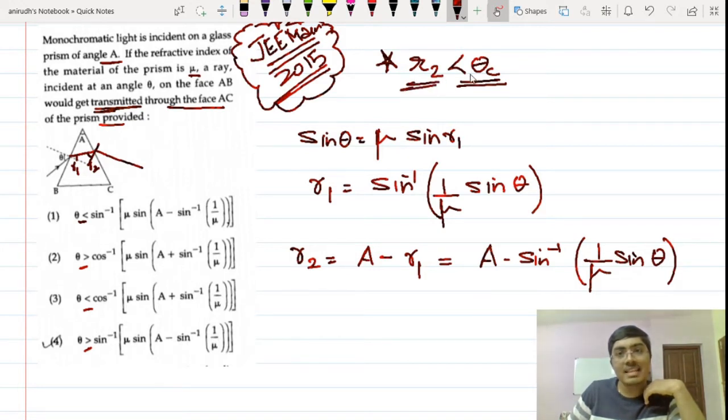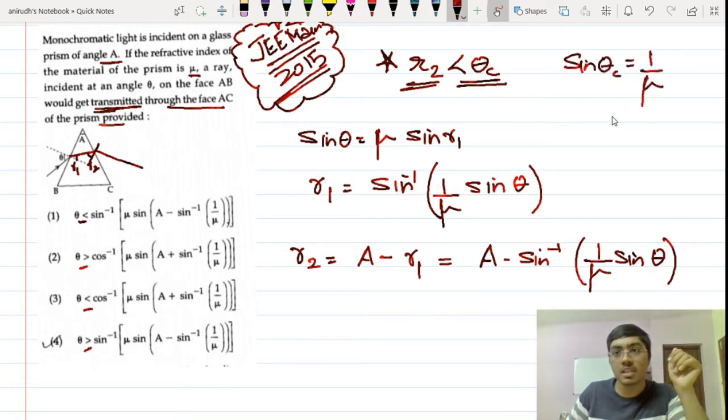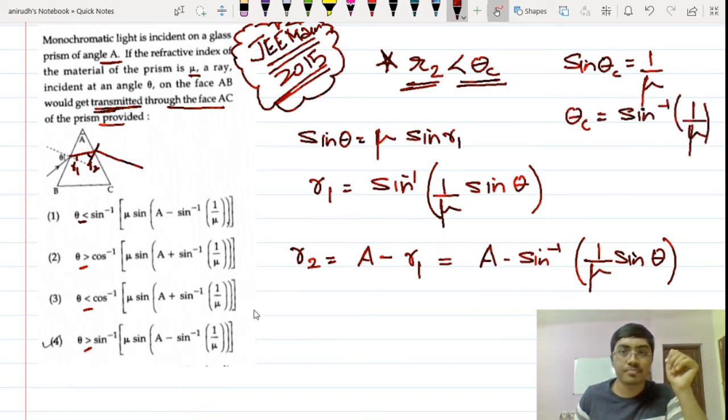So R2 is less than theta C. What is the theta C over here? Sine theta C is equal to 1 by mu. So theta C is equal to sine inverse of 1 by mu.